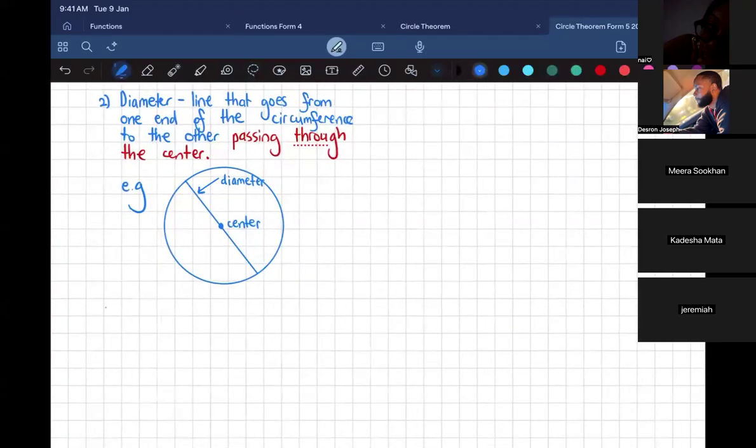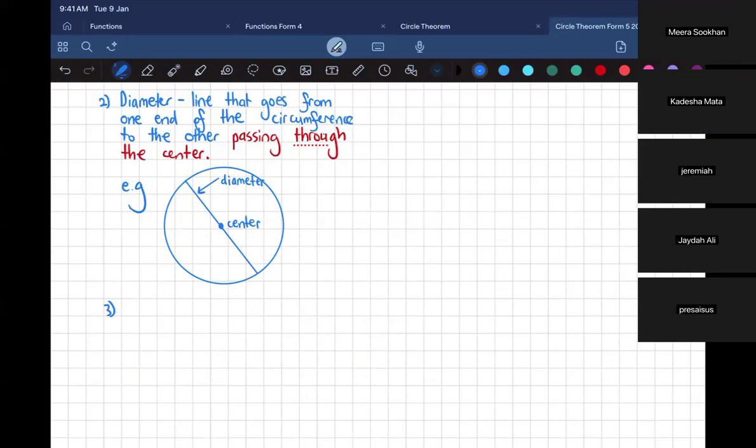The next thing I want to look at is something called a chord. Now, guys, what does a chord do? When you think of a chord in regular day-to-day life, like a phone charger cable, a cord, what does a cord do?